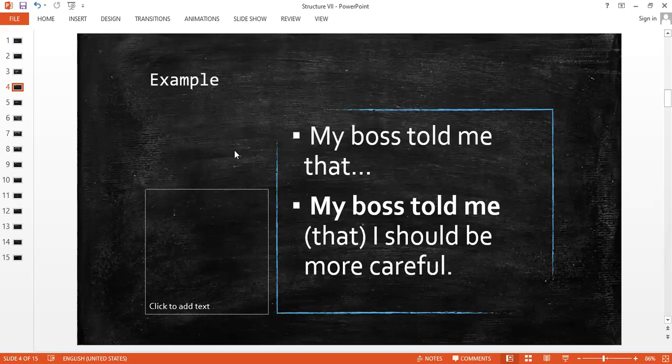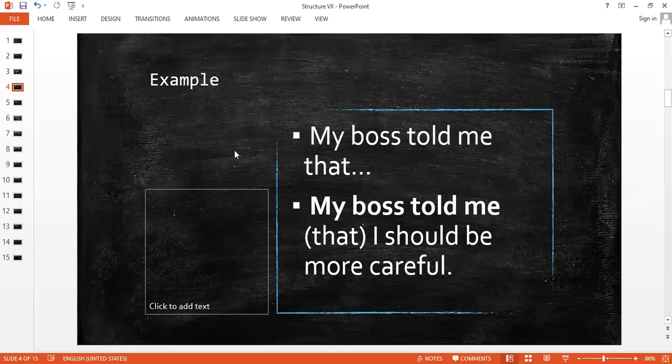You can follow it with noun clauses. My boss told me that I should be more careful. For example, my mom told me that I should be more diligent. My teacher told me that I should finish the homework very soon.